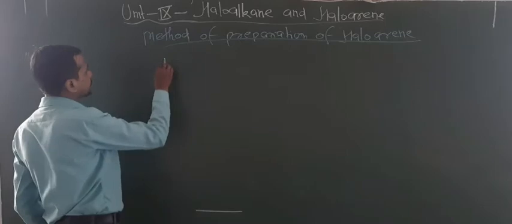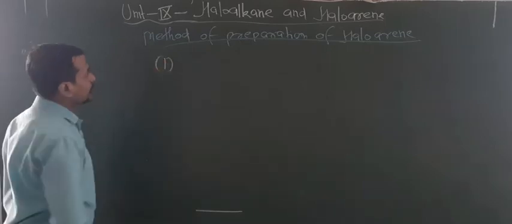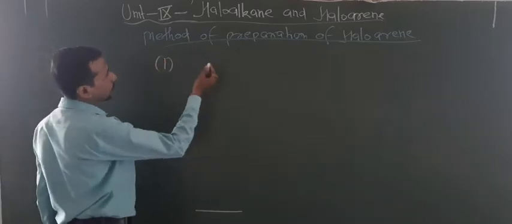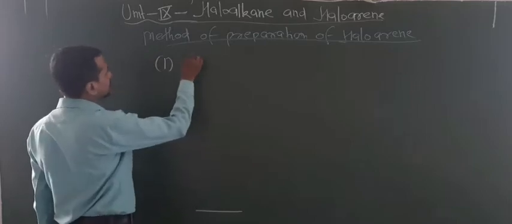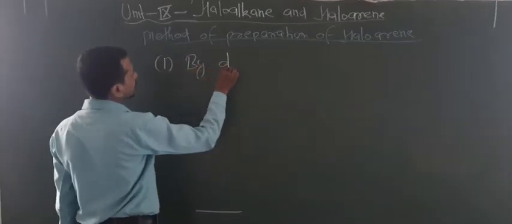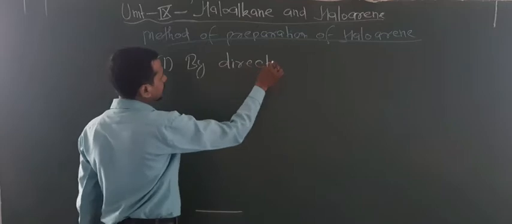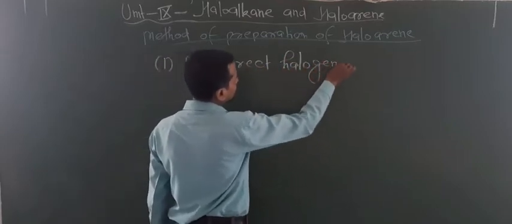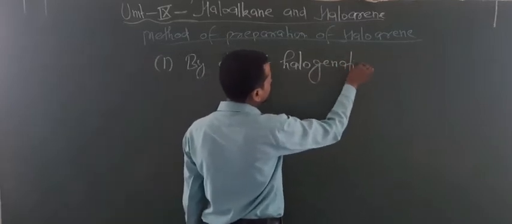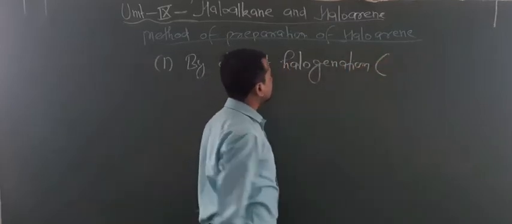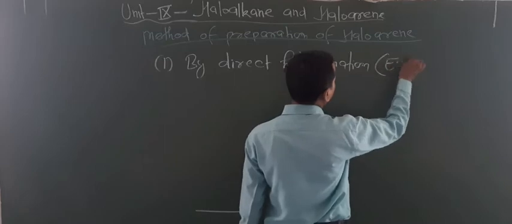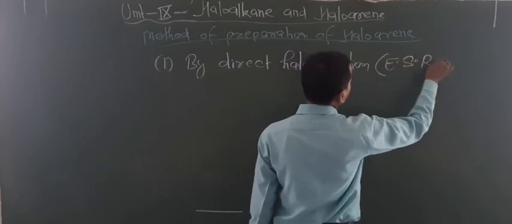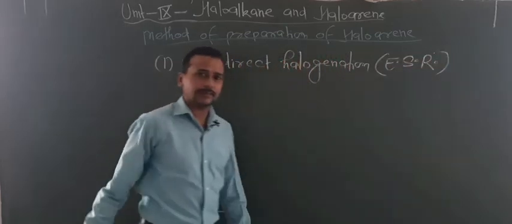First of all, the first method of preparation of haloarene, which you have to know for board examinations, is by direct halogenation. Basically it is an electrophilic substitution reaction, that is the common reaction of the benzene ring.